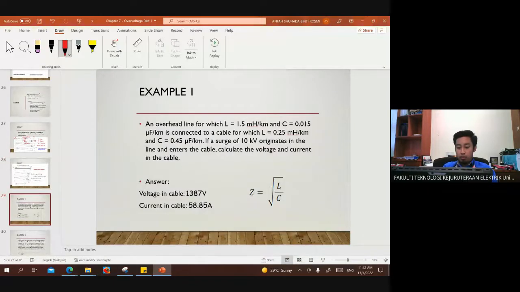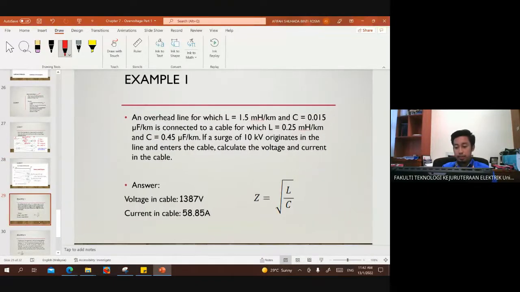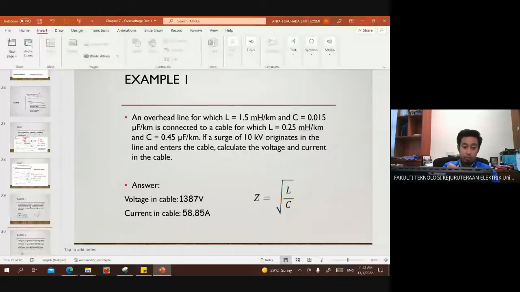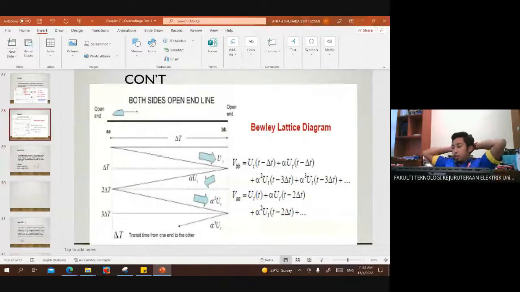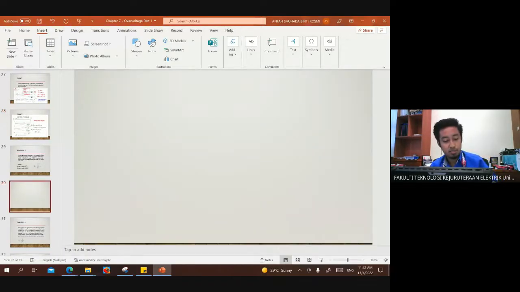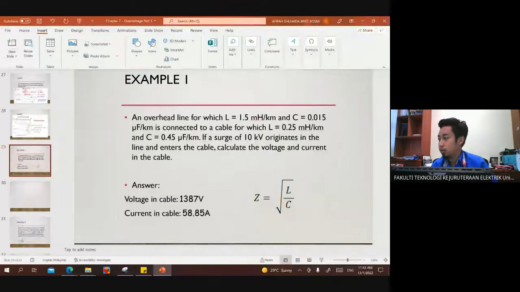So I want all of you to do this exercise, based on the previous understanding. So setakat ni, do you have any question? Ada soalan tak? Do you have any question about the lattice diagram and the travelling transmitted?